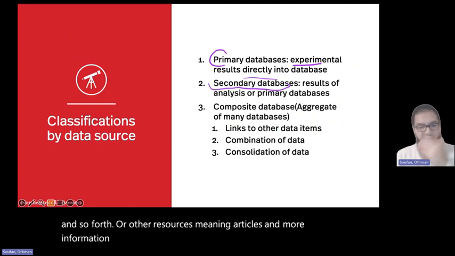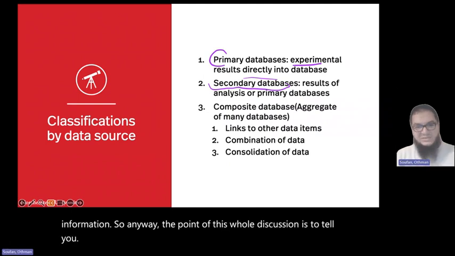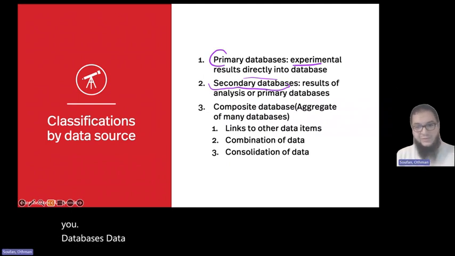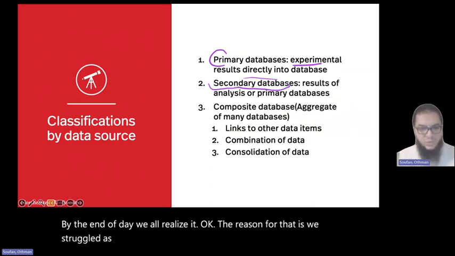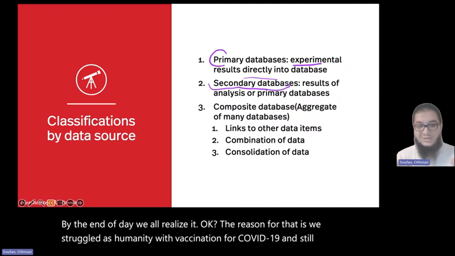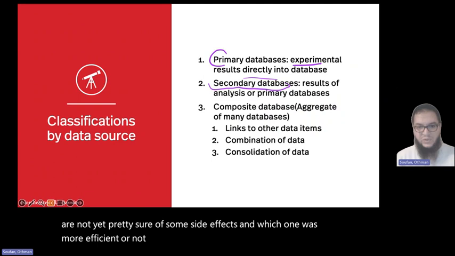So anyway, the point of this whole discussion is to tell you databases, data, AI, whatever, nothing like doing an experiment by the end of the day. We all realize it. The reason for that is we struggled as humanity with vaccination for COVID-19. And still we are not yet pretty sure of some side effects and which one was more efficient or not, and so on and so forth.